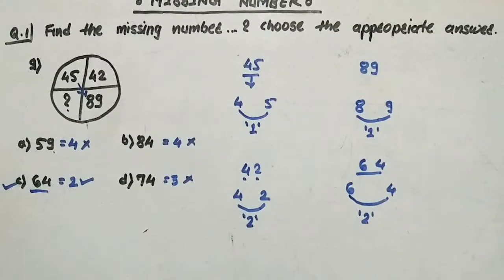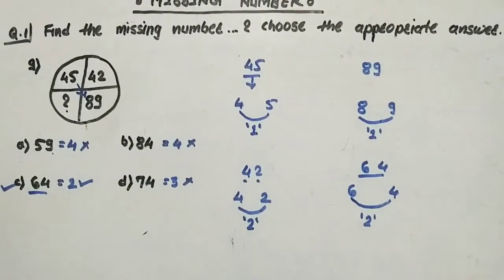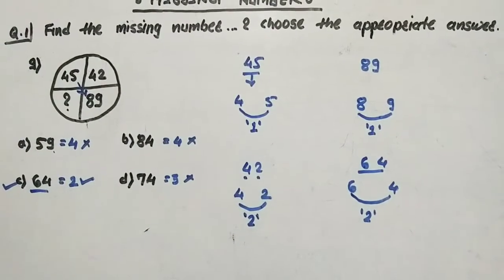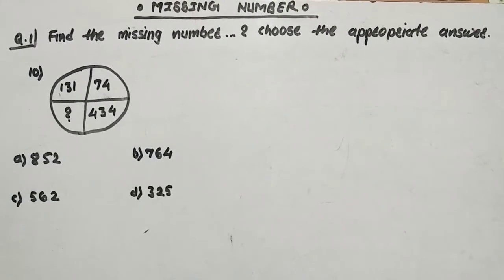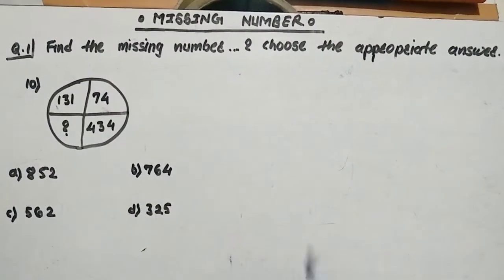Such simple concepts are also asked in exams, students. So we will move on to the next example. This is the last question of today's lecture, and this question is also interesting. Why?